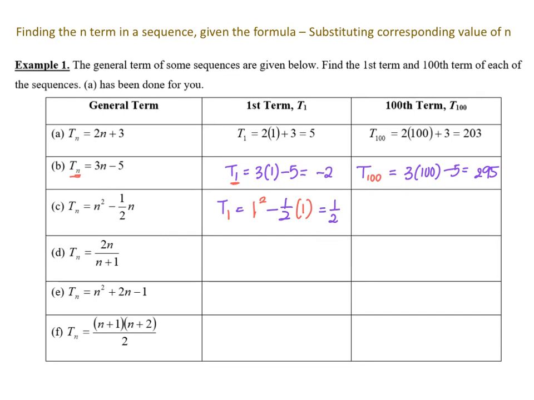How about T100? T100 will be substituting 100. So 100 squared minus half times 100. And that gives me the number 9950. Now we'd like you to try the following questions over here and then come back to check the answers.